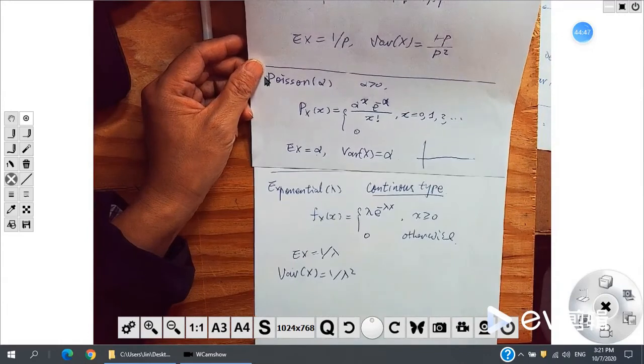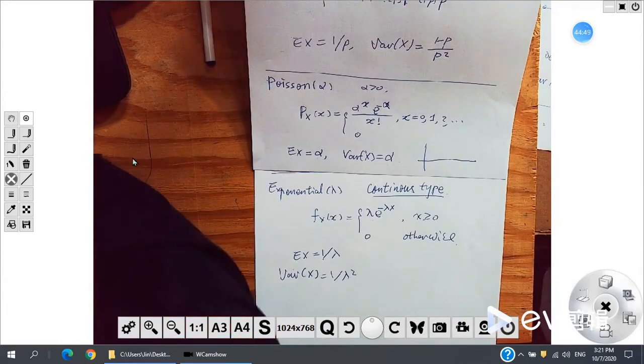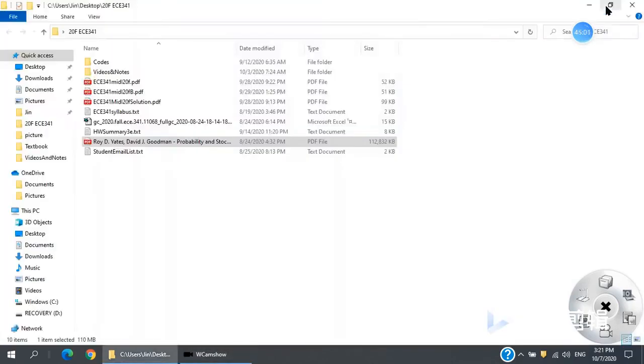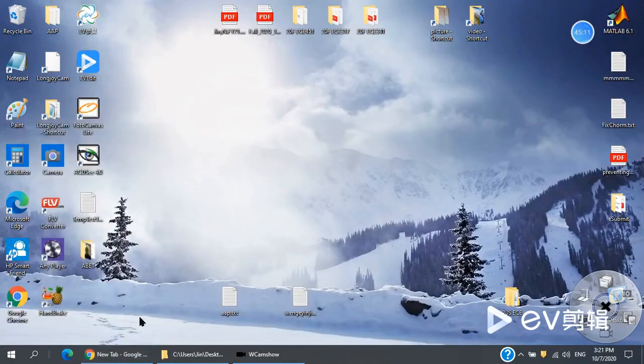I want to see the graph. Oh, it's also slow. Maybe I need to use MATLAB. MATLAB might be faster. Okay, let me just use MATLAB. Too slow. I don't want to wait. Hey, it's coming. Okay, final. Okay, it's coming.